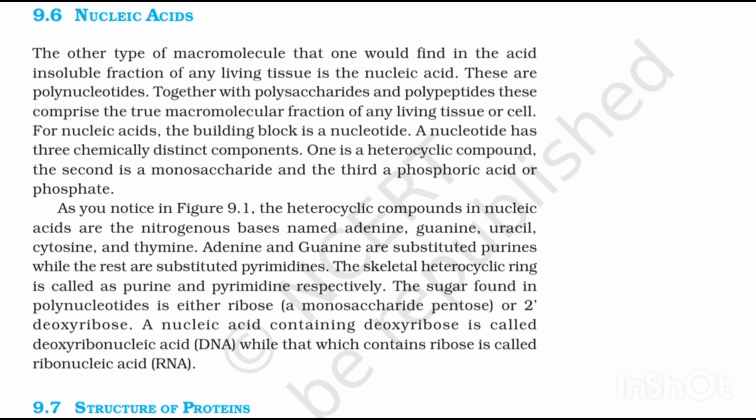The sugar found in polynucleotides is either ribose, a monosaccharide pentose, or 2-deoxyribose. A nucleic acid containing deoxyribose is called deoxyribonucleic acid, DNA, while that which contains ribose is called ribonucleic acid, RNA.